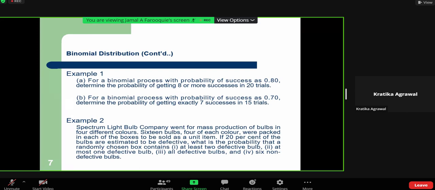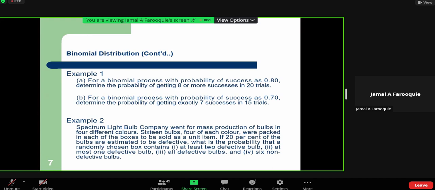There should be at least 2 defective bulbs or more than 2 defective bulbs. Right. So R is 2 or more. If you use a mathematical symbol, R is greater than or equal to 2. Am I right? Yes, sir. At least 2 means 2 or more.